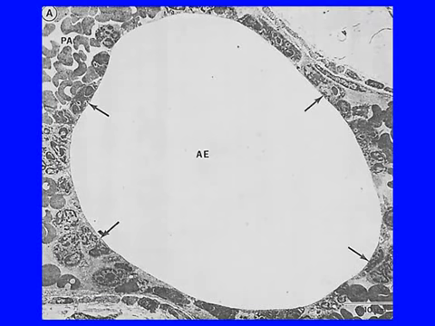Now this transmission electron micrograph from Albertine shows an air embolism in sheep blood after 4 hours. And what one sees at the arrows is the accumulation of white cells at the bubble-blood interface.